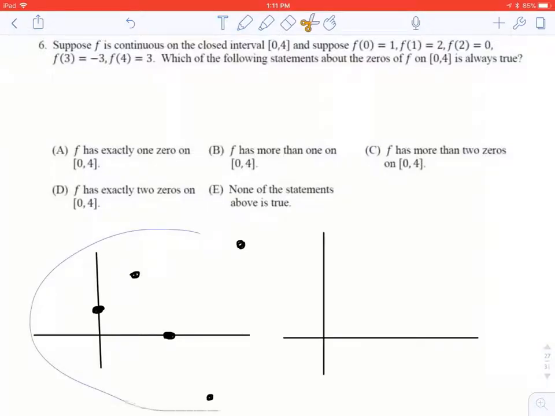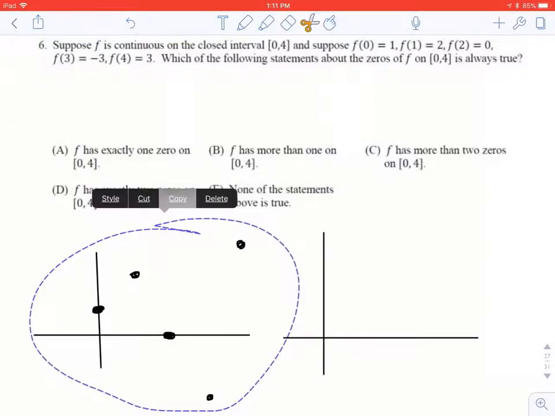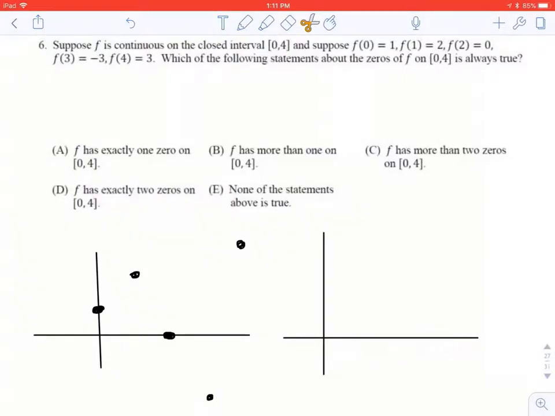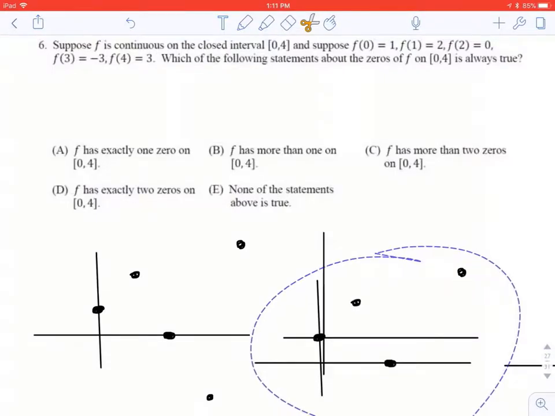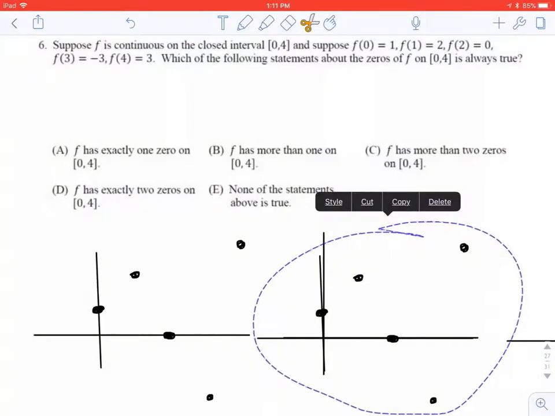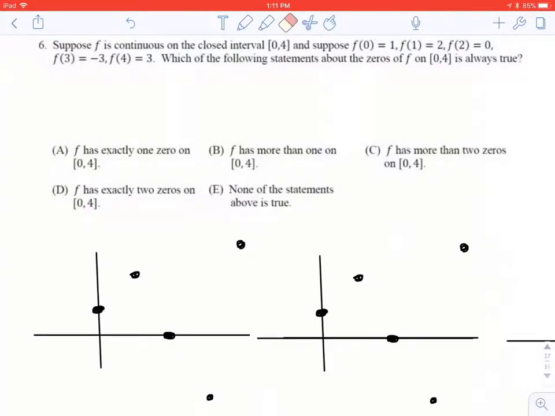Well, let me just copy this over here, because I'm going to show you a couple different things that could happen to this. Since this graph is continuous, it has to hit all these points and still be a function. So in this case, it is hitting the x-axis 2 times. But does that mean it's limited to 2 times?